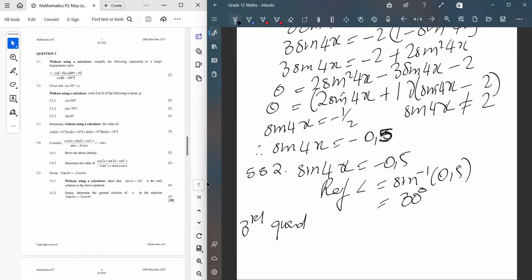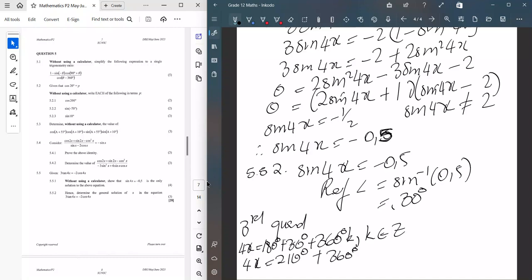In the third quadrant, this is 4x. Be careful. In the third quadrant, we are working with 180 plus. So this is 180 degrees plus our reference angle, which is 30, plus 360 degrees k, where k is an element of an integer. So this becomes 4x equals 210 degrees plus 360 degrees k.